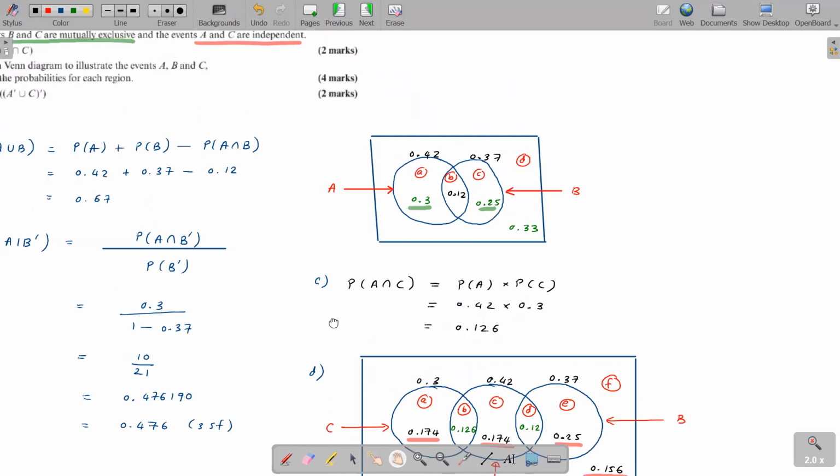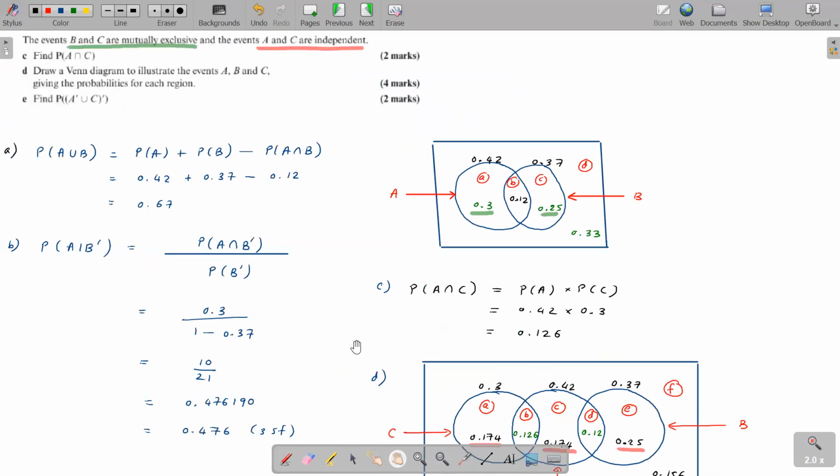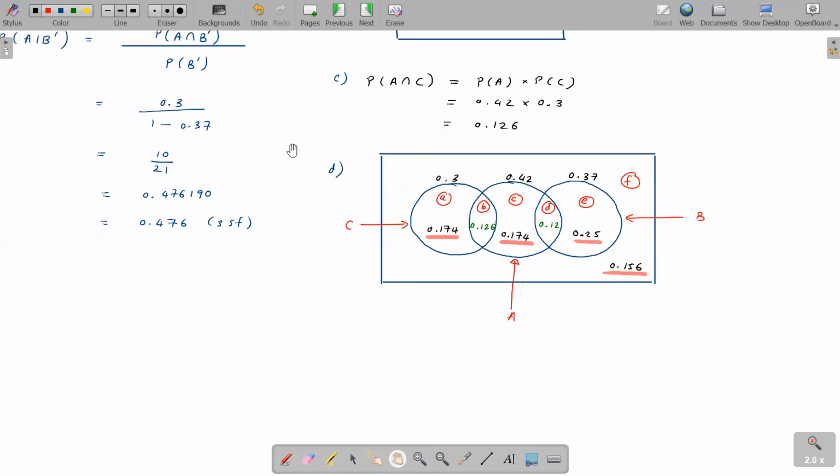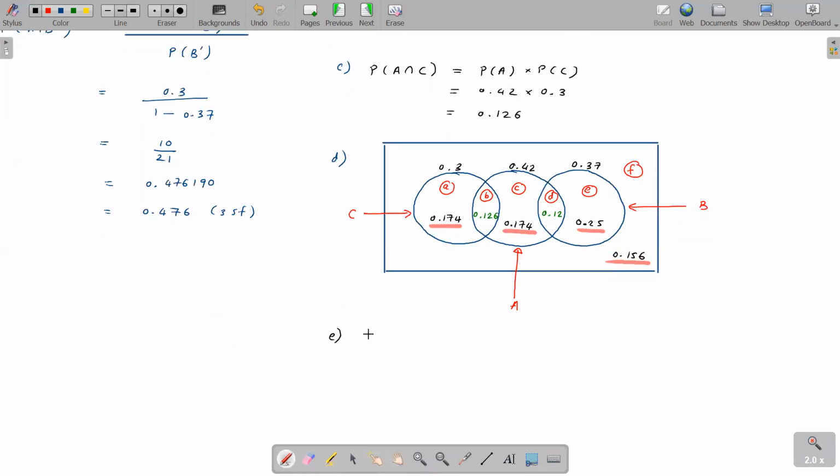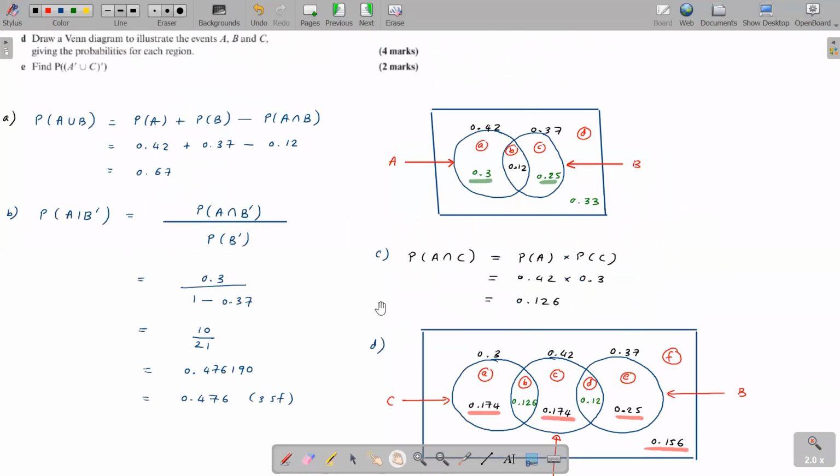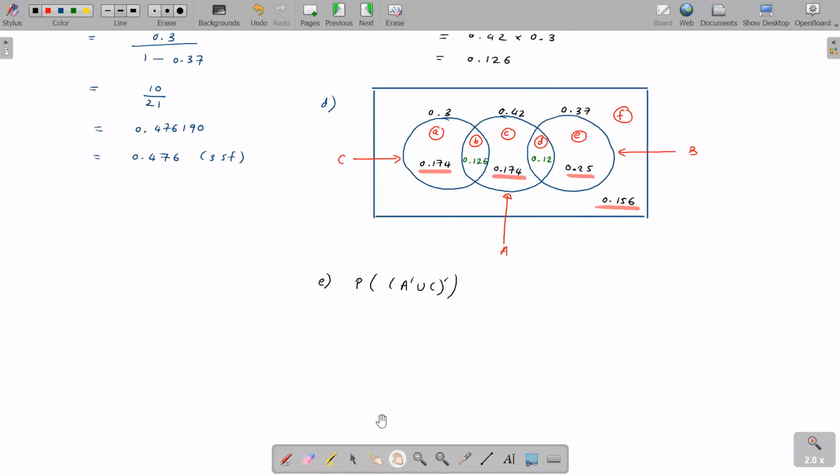Okay. So they say part E, find the probability of A dash union C, whole thing complement. All right, guys. So what's the first thing to do here?